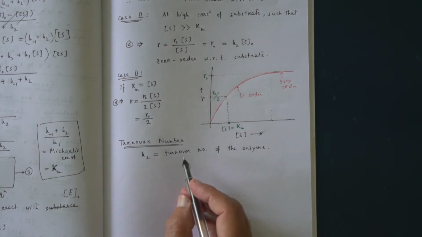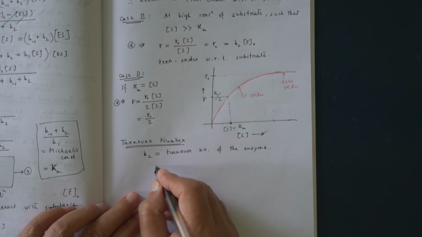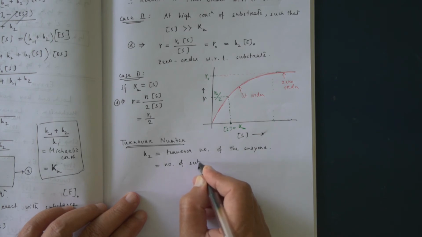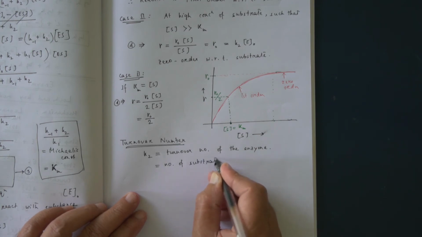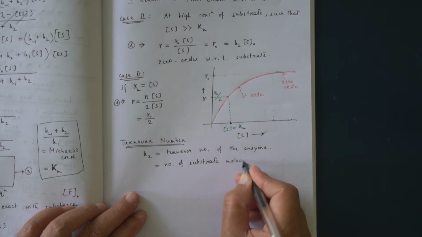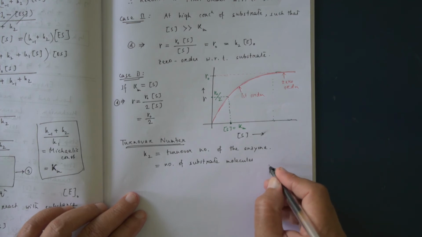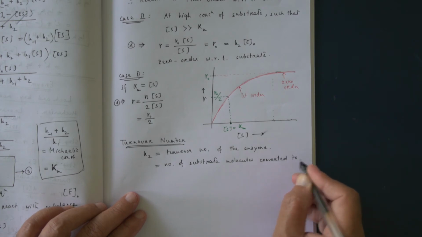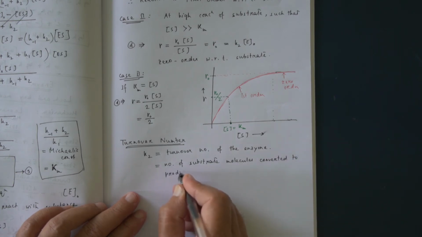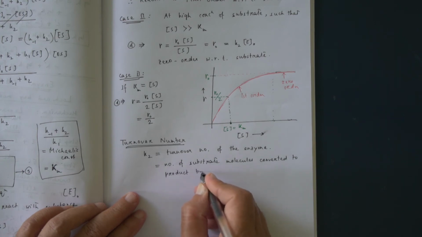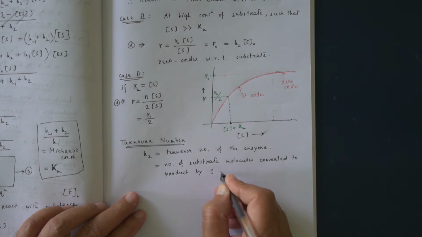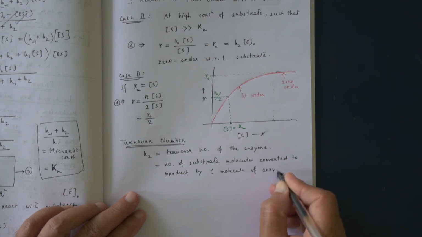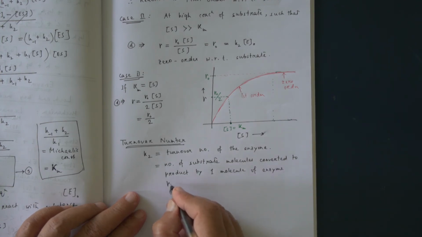So what is turnover number? It is the number of substrate molecules converted to product by one molecule of enzyme per unit time.